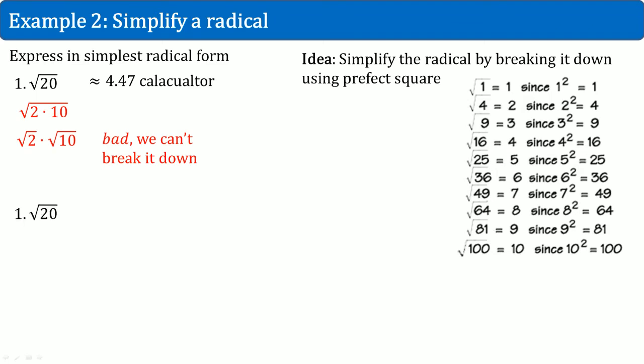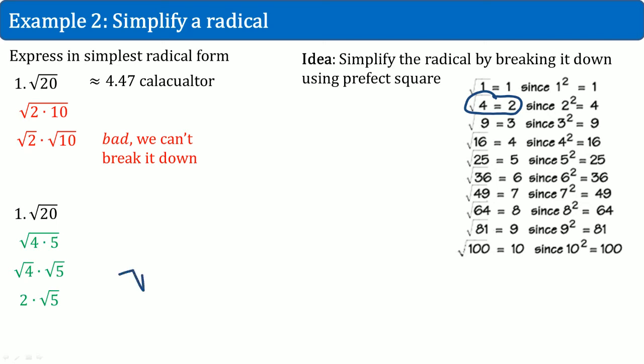Let's redo the problem now, but let's try to pick a perfect square. We saw here that radical 4 is equal to 2. That looks like a really good number to pick. So radical 20 can be broken down to 4 times 5. Split this apart into its individual parts: radical 4 times radical 5. Radical 4, like what I circled, is equal to 2. So I just write 2.